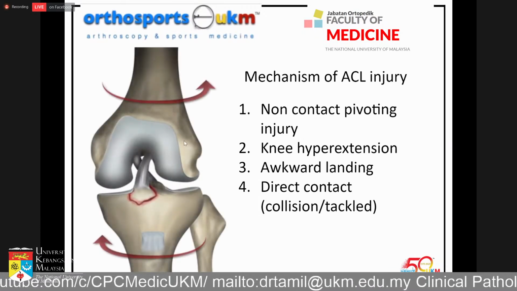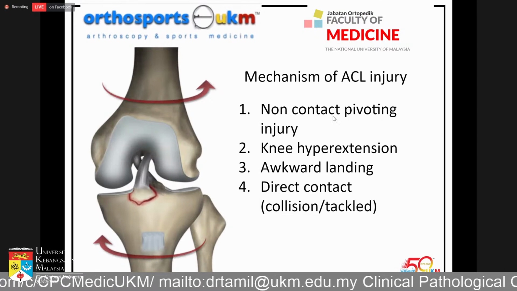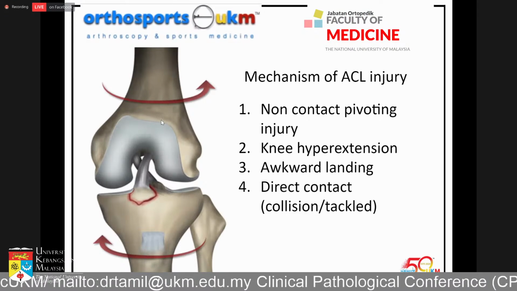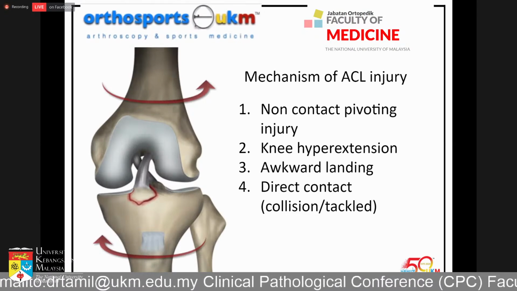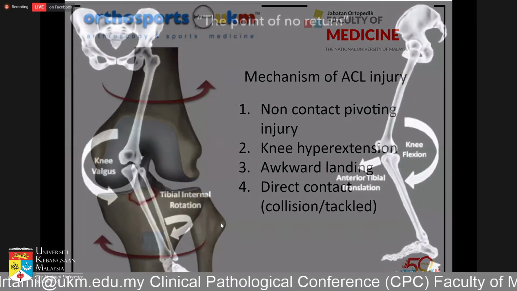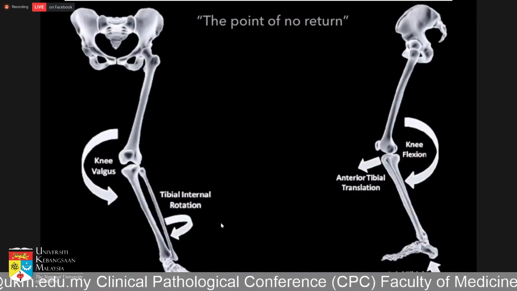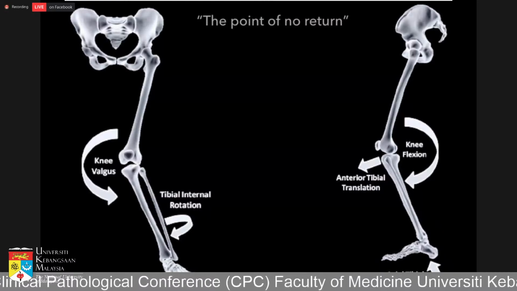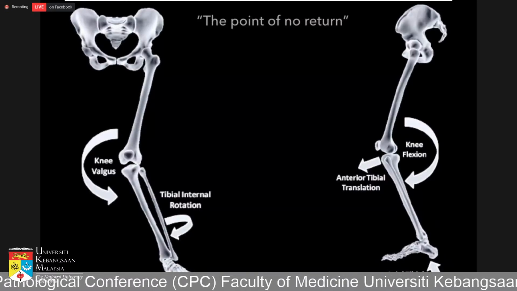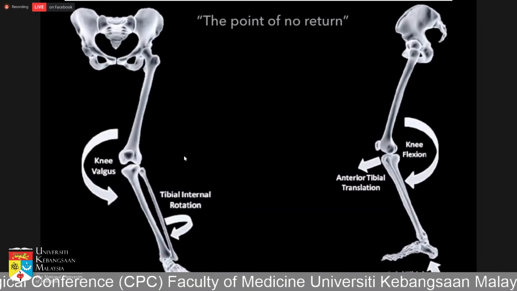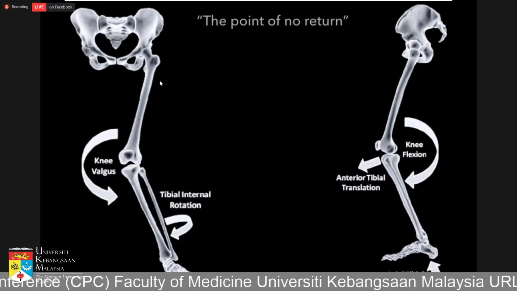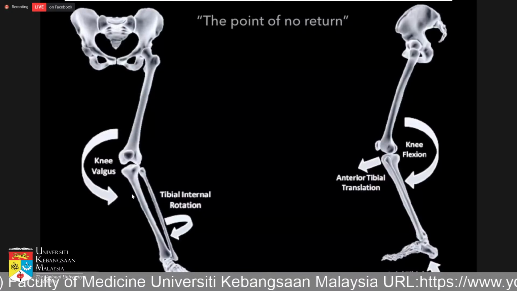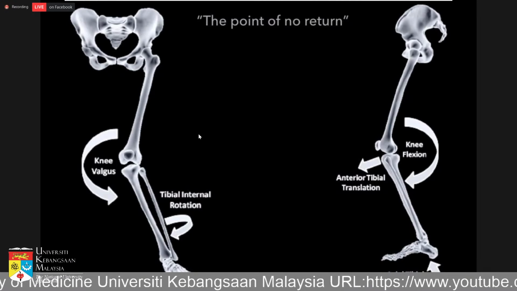So what happens when you are tackled or have a non-contact pivoting injury is that the femur bone is rotated in the opposite way from the tibia bone, and then your knee goes into valgus.